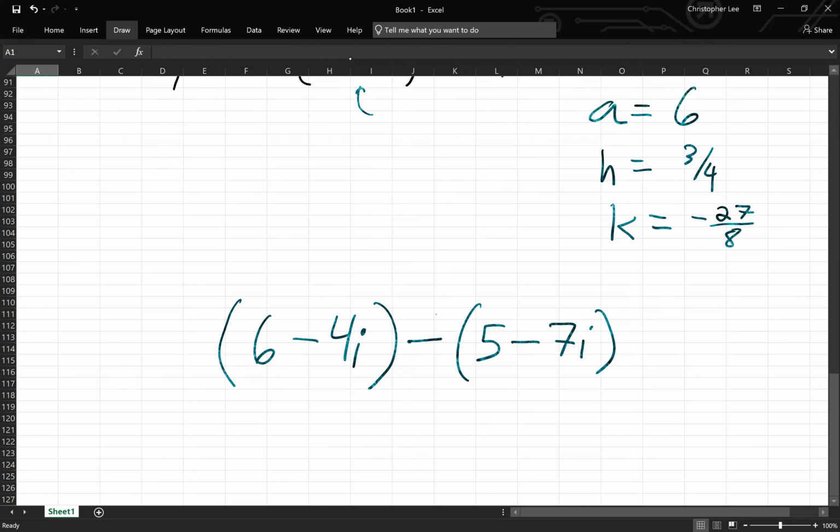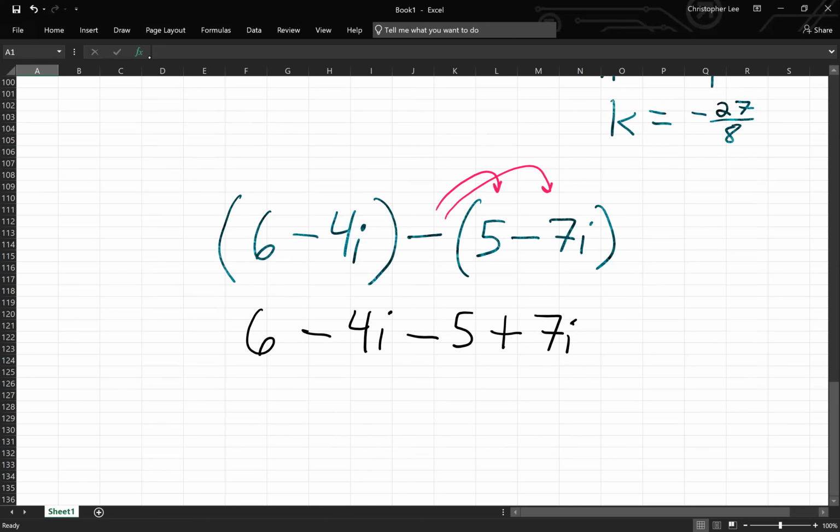And then what do you have after that? So 6 minus 4i minus 5 plus 7i, right? And then after that, just combine like terms. That's all you got to do. Exactly. And that's it. That's the answer.